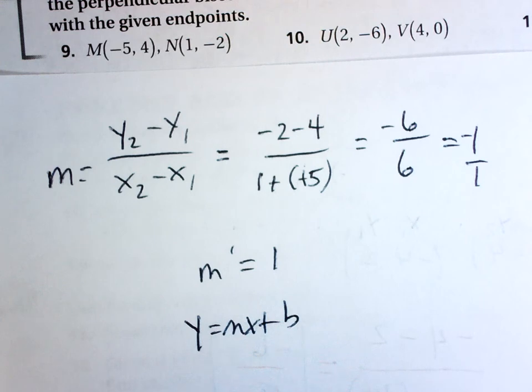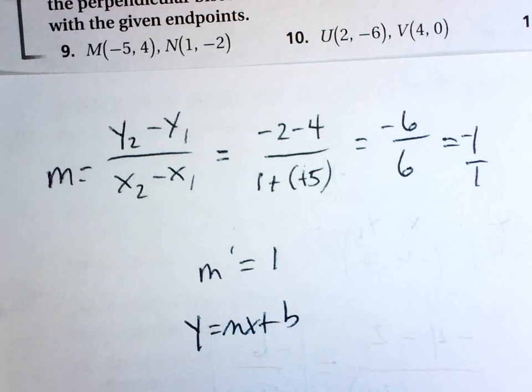And because I'm looking for a perpendicular bisector, if I was looking for an altitude or a median, I would be doing something else, looking for another point. But because I'm looking for a bisector, that bisector must go through the midpoint of MN. So that's what I'm going to find.